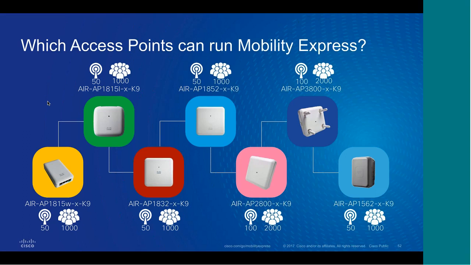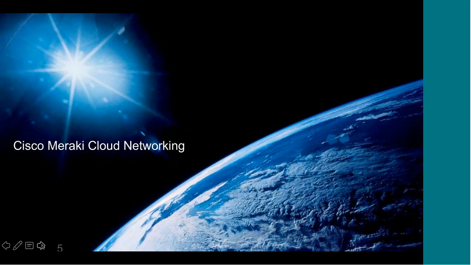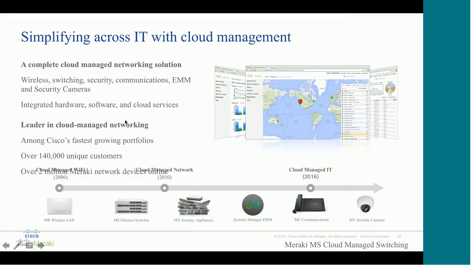But with Mobility Express, we are taking out our autonomous deployment and giving you the intelligence within the AP to take care of the advanced features that the controller provides you. So now you're able to use these APs as a controller for small deployments and get that capability. And if you look at the scaling, you're actually able to scale out these APs to pretty high scales, right?